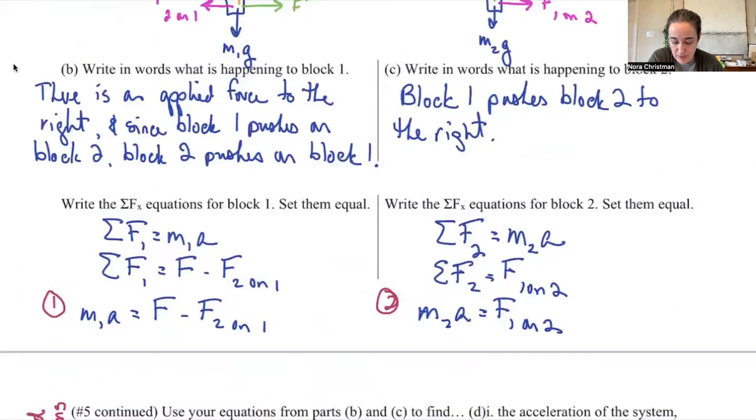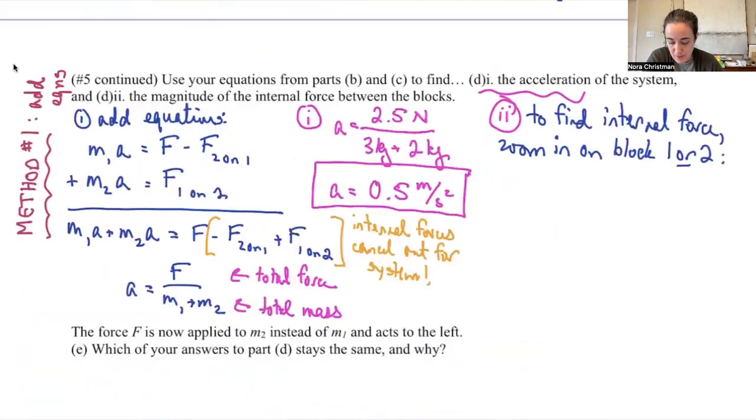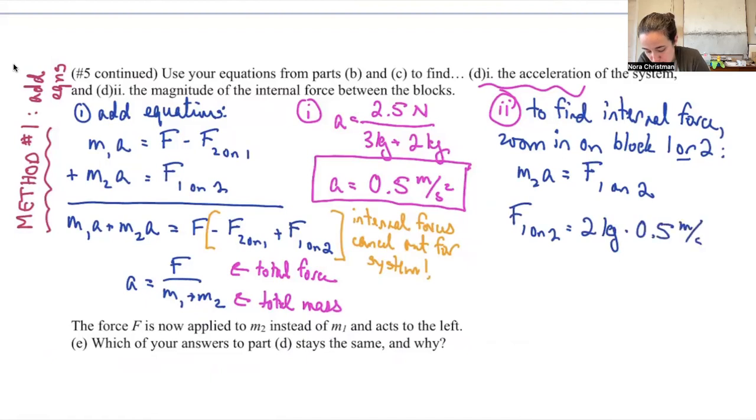So basically we're going to choose one of the two blocks to focus on in order to calculate the internal force. Okay, so equation 2 says that M2A equals force of 1 on 2. And so that internal force is 1 Newton.